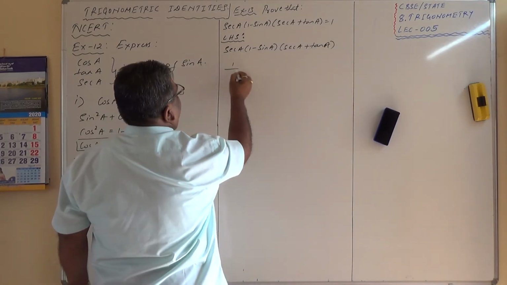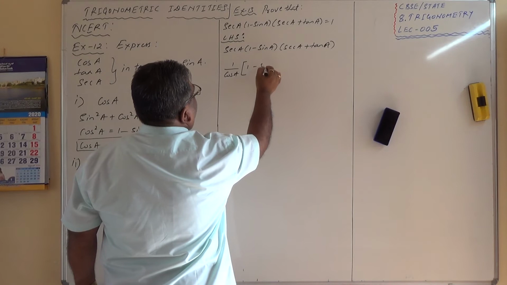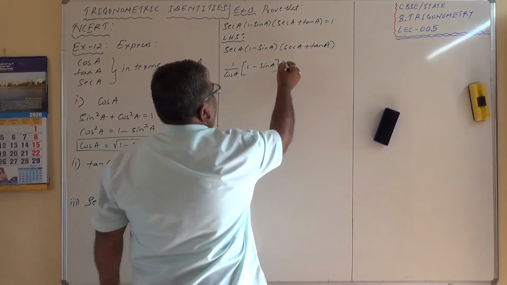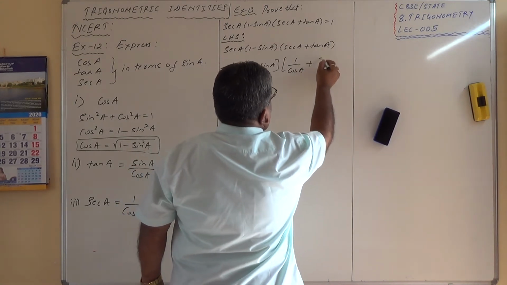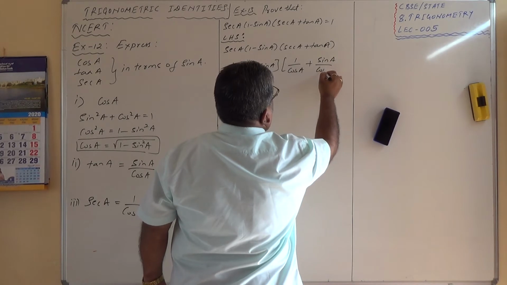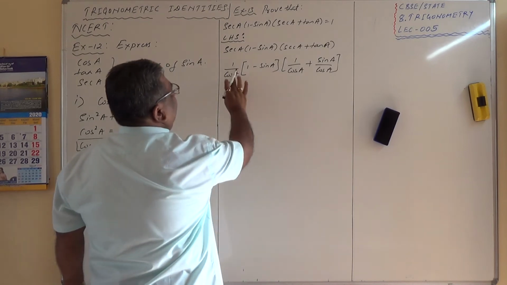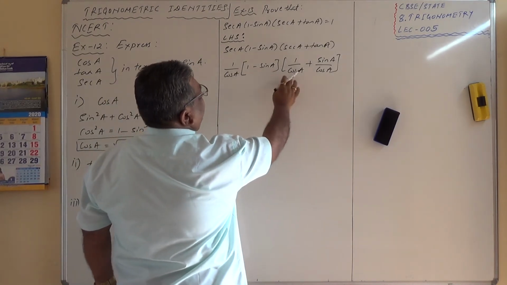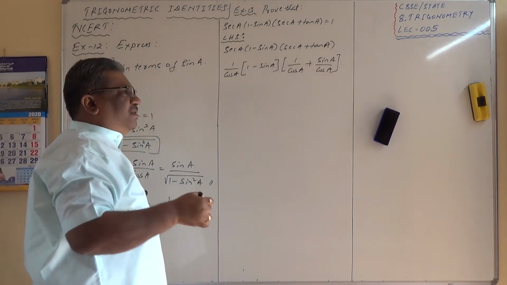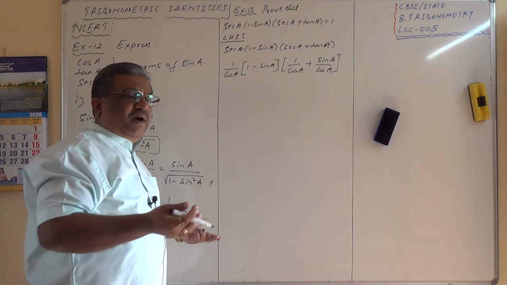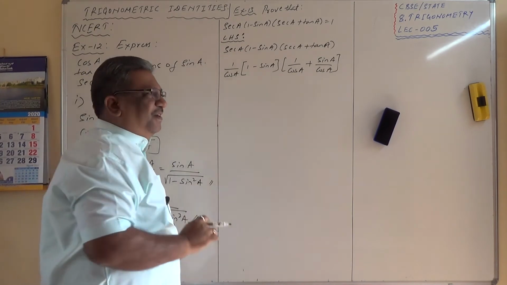Secant A is 1 by cos A into 1 minus sine A into 1 by cos A plus tan A can be written as sine A by cos A. This is what we have converted in the first step. Then multiply this one with, or you can take a cos A as LCM over here, or let's see, I do not know whether I will be able to solve this or not, because it depends after all how we approach, and nobody will be sure of whether we will get the answer or not. This is how the beauty of the trigonometry lies.